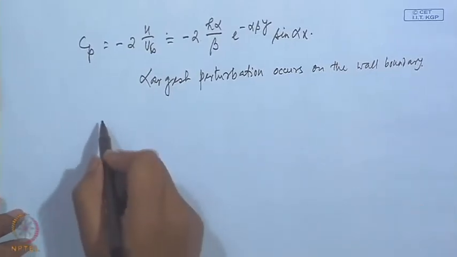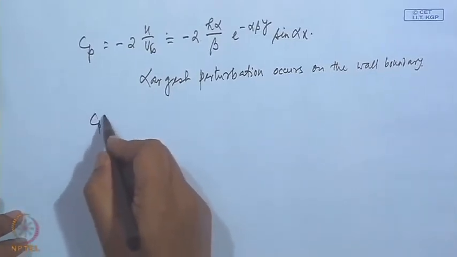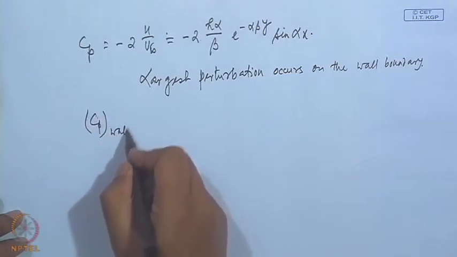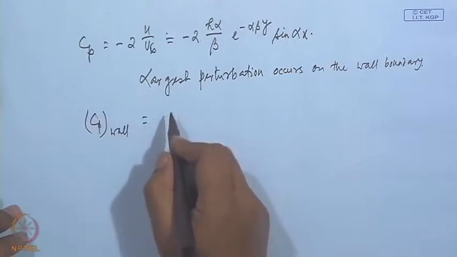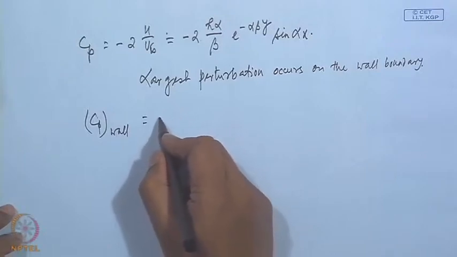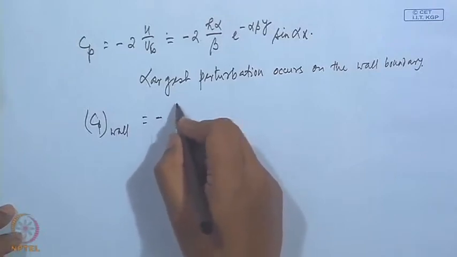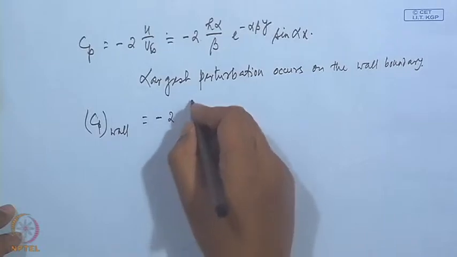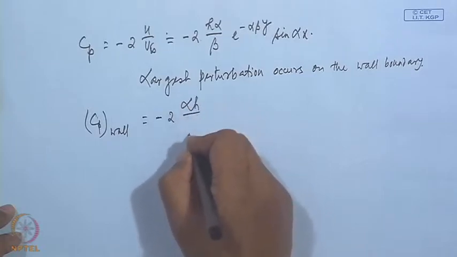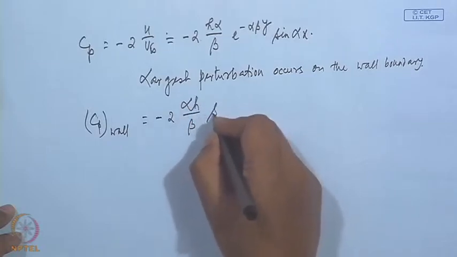And the pressure coefficient on the wall is minus 2 alpha h by beta sin alpha x.